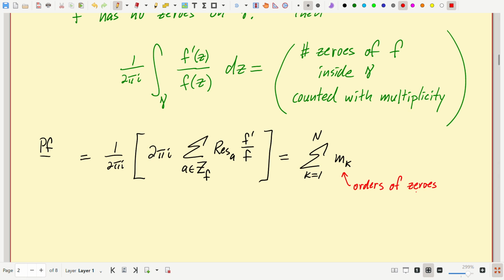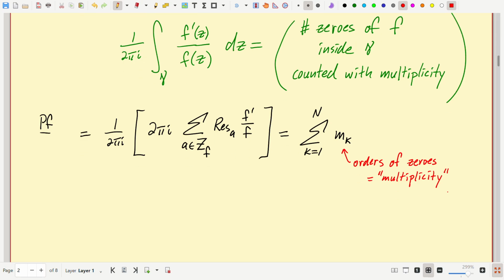And that's what I mean by multiplicity. Okay, and I claim this is a finite set. The a sub k, as k goes from 1 to, there'd be n of them maybe.